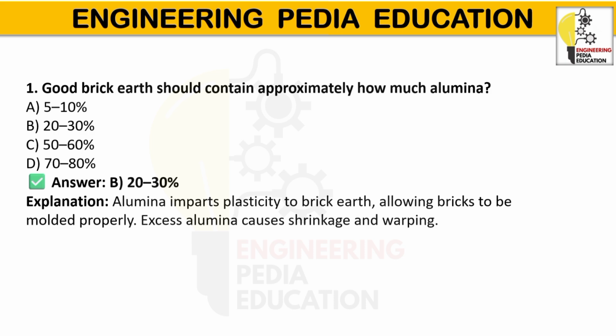The chemical formula of alumina is Al2O3, present in clay as hydrated alumina silicate. Why is it added? To provide plasticity and facilitate molding. If it is in excess, it causes shrinkage, cracking and warping.